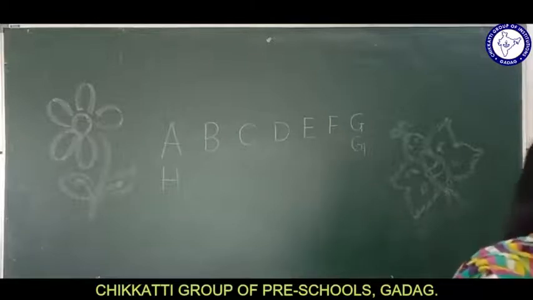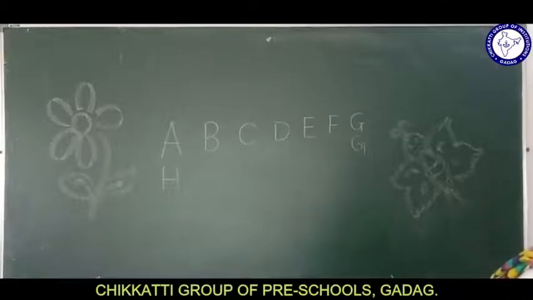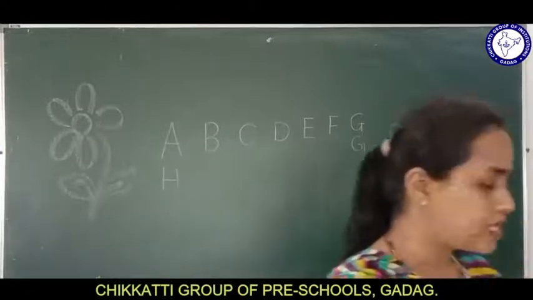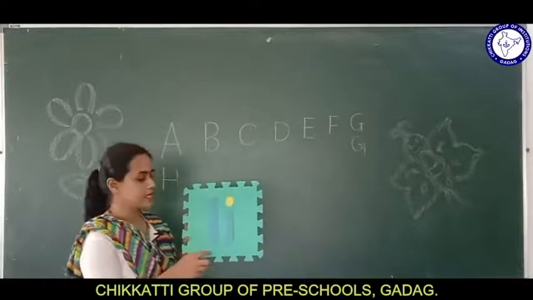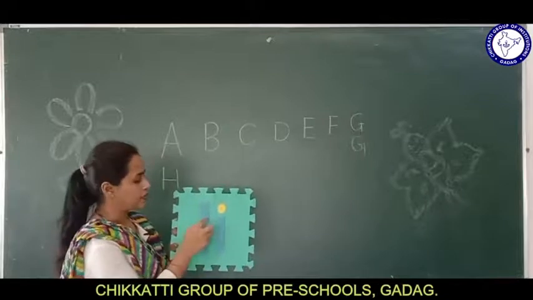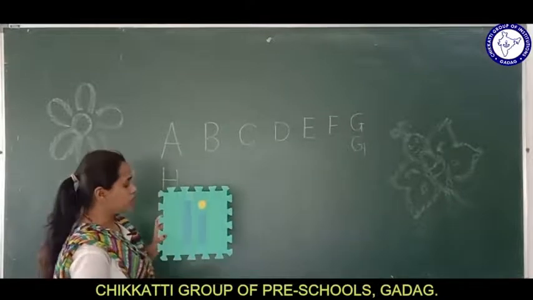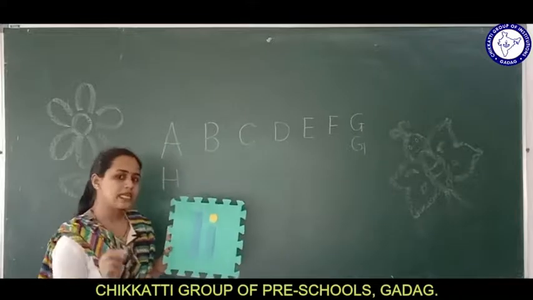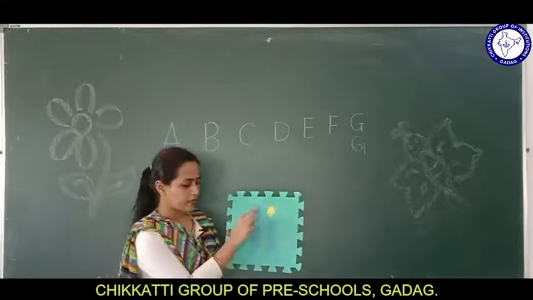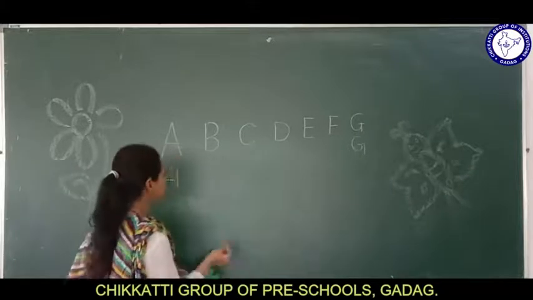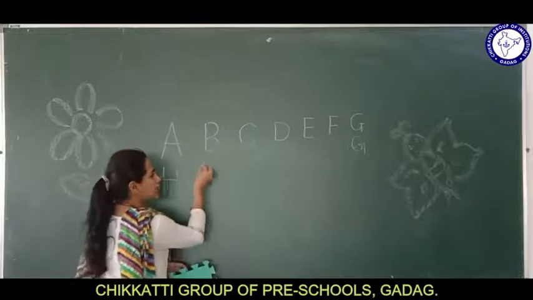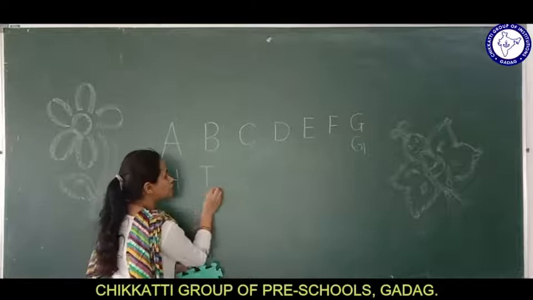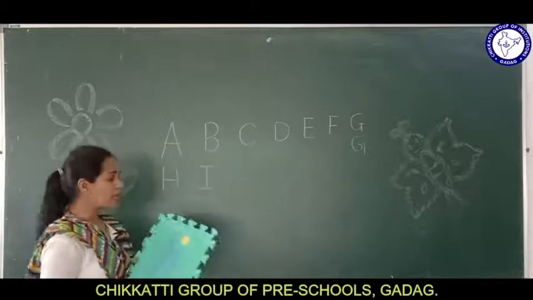So here we'll go for the alphabet I. What is this? I. So here it can be a standing line, right? Its standing line has become I, and here you should put a sleeping line at the end.